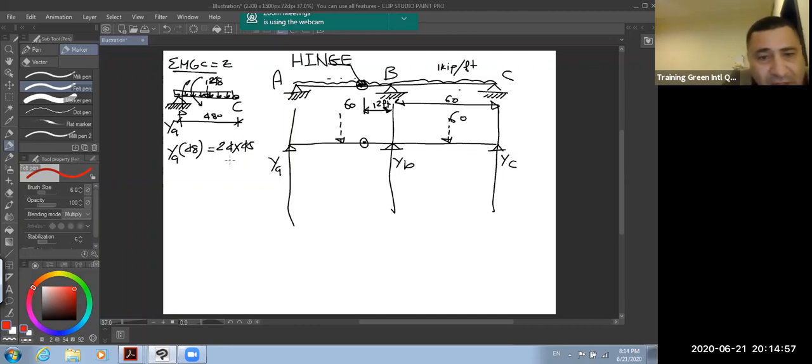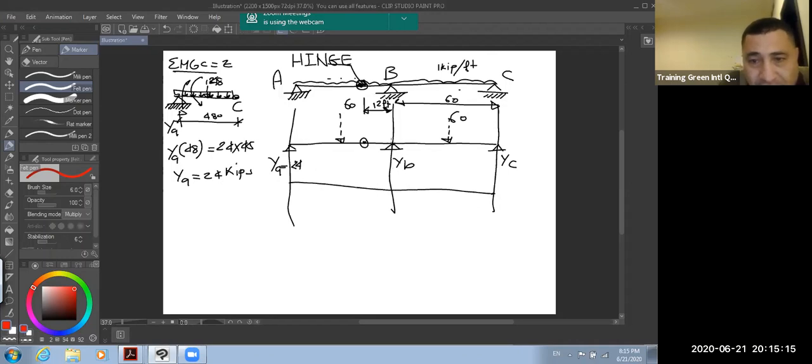Both of them equal 0. So YA equals 24 kips. I calculated it now. Okay, 24 kips.